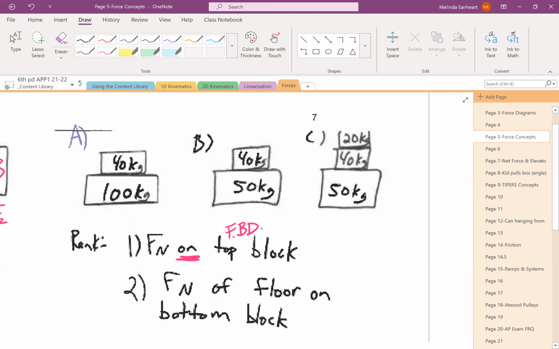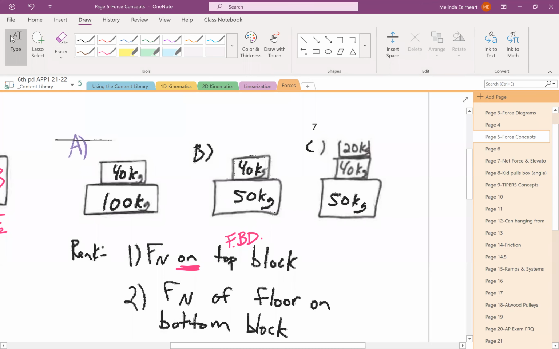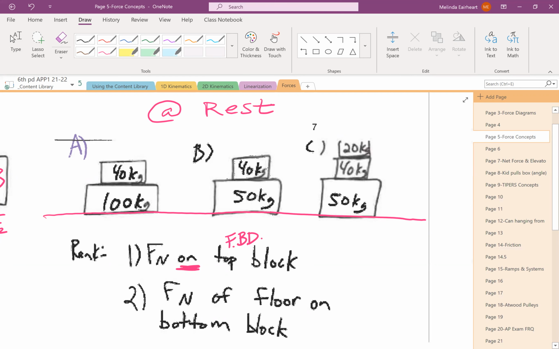Now, we do have to make an assumption. These books and all these stacks, we'll assume they're on a surface. Later on, it'll talk about a floor. But we'll assume they're just sitting there, okay? So everybody is at rest. And so with that, to draw the force diagram for just the top block, okay?